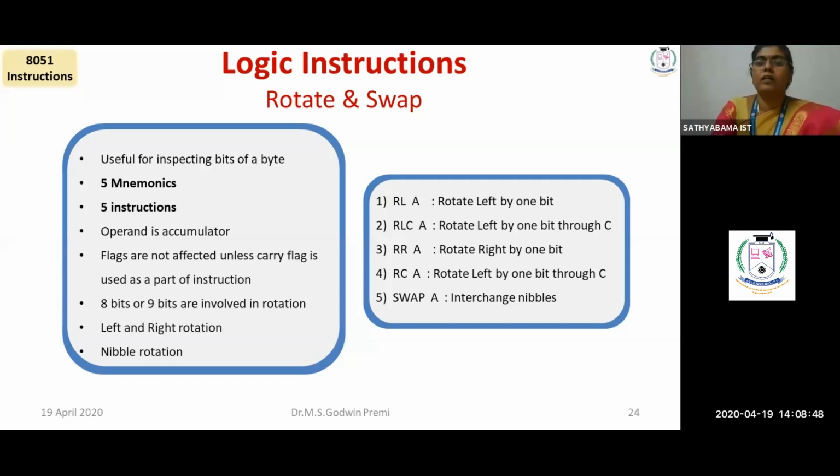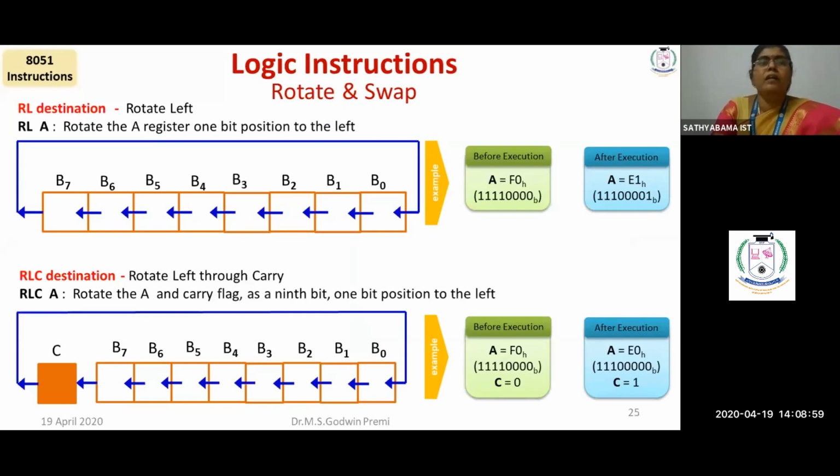So what are all the 5 mnemonics? RL space A, then RLC space A, then RR space A, RRC space A, then SWAP space A. Coming to the first mnemonic, RL space destination. So destination we know it can be only the accumulator. Rotate the content of A register by 1 bit position to the left.